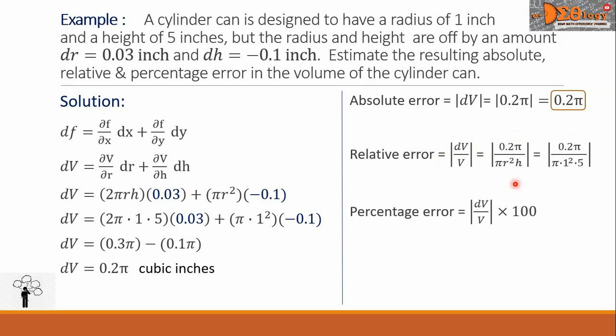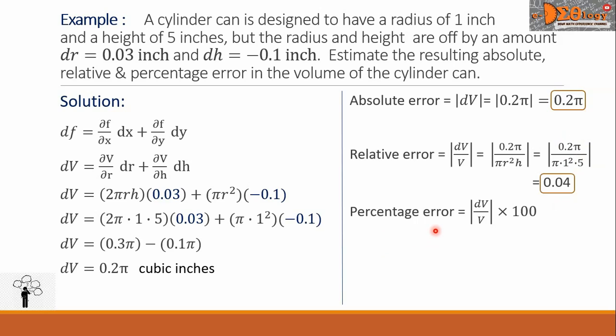Let us substitute those values, and it will be like this. In the denominator, pi times 1 squared times 5. Simplifying the fraction, we can cancel the pi in the numerator and the pi in the denominator. And the final answer here will be 0.04. This is the relative error.